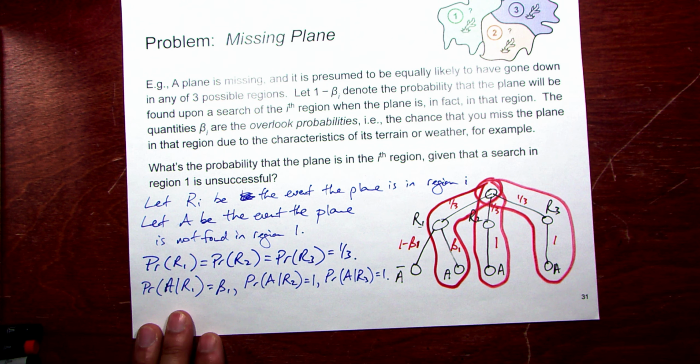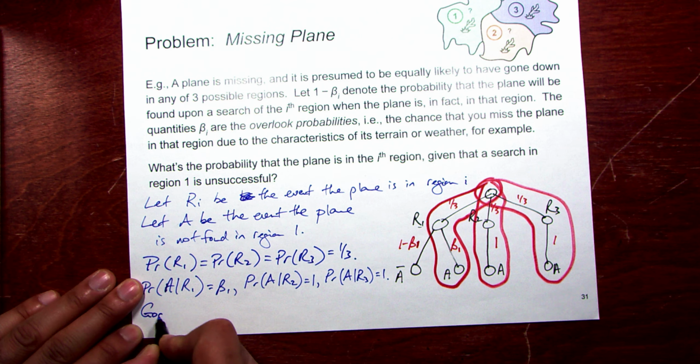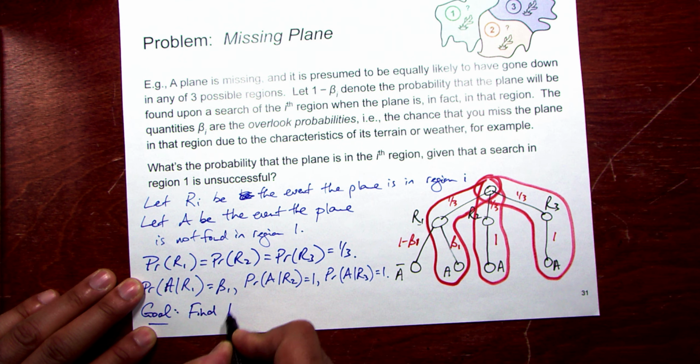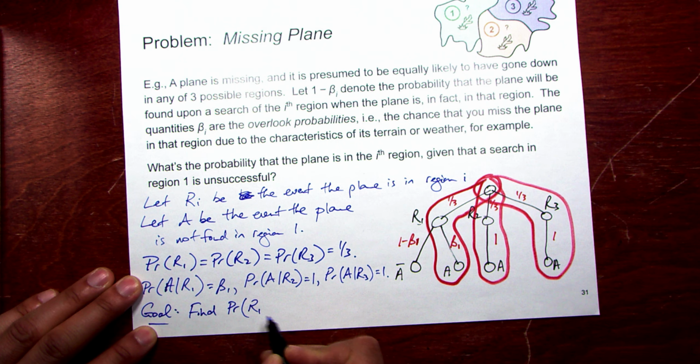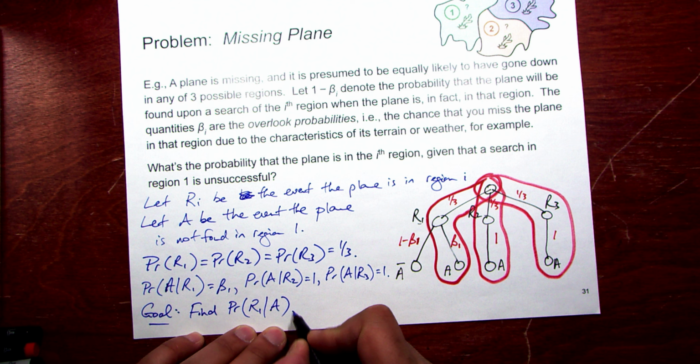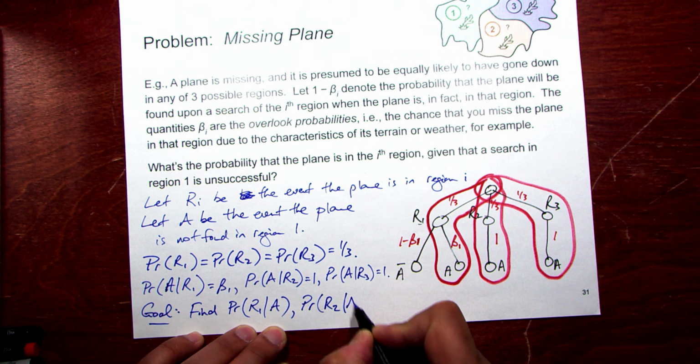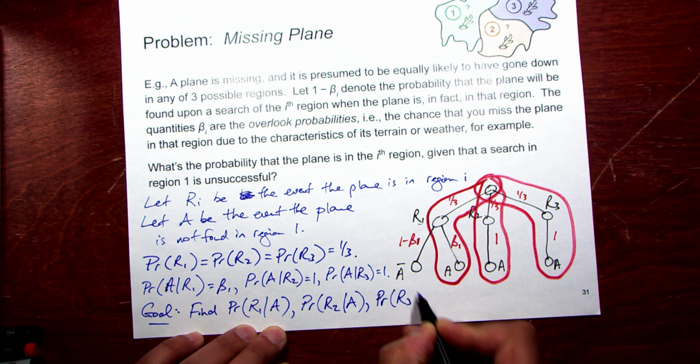So your goal is to find the opposite of these: that it's in region 1 given that you searched unsuccessfully, that it's in region 2 given that you searched unsuccessfully, and region 3.